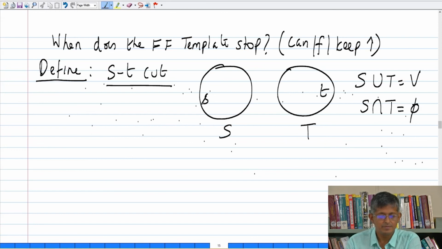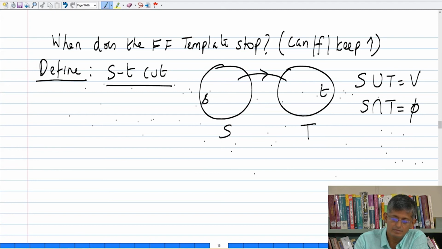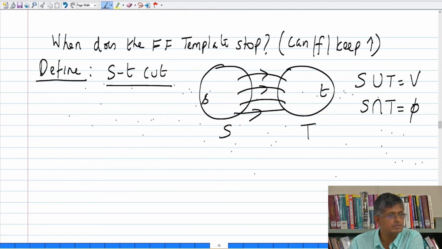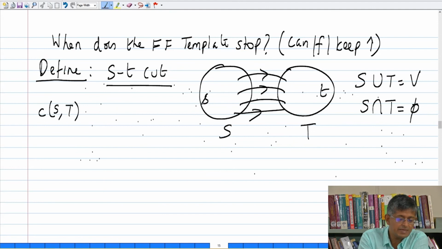We will define something called the capacity of this cut. So obviously there are edges that are going from here to here. Like the capacity of an edge, we are going to extend the definition of the capacity of an edge to the capacity of a cut. You can think of this as every road in the network has a capacity, how much traffic it can carry.